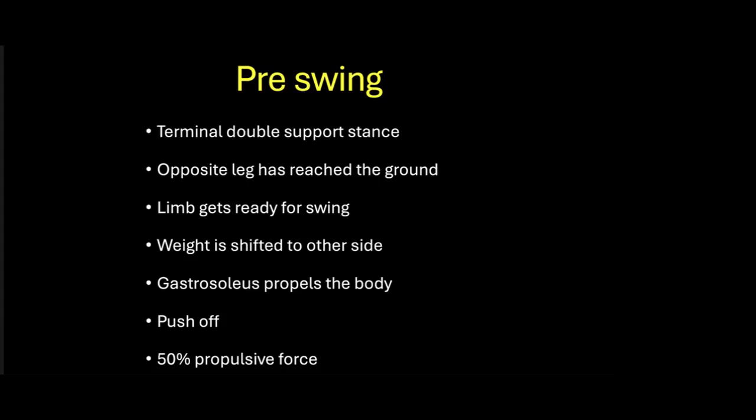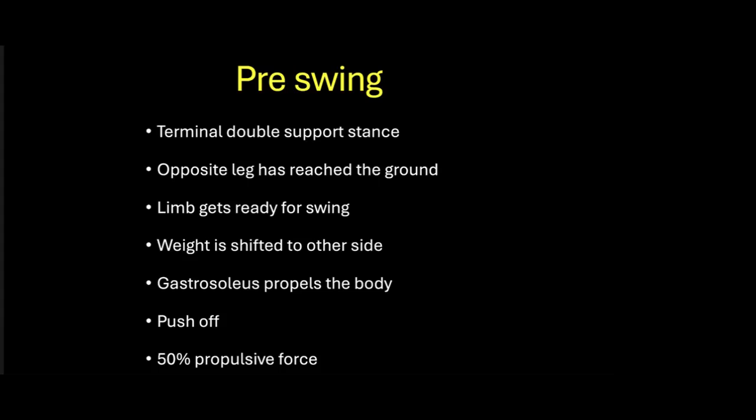And this is the phase at which the gastrosoleus is going to propel the body and give us the very powerful push off that we know about. Around 50 to 60% of power generation that happens during normal gait happens during the terminal stance and pre-swing. So pre-swing is a very important phase because that is what gives one the push off and the power to be able to propel the body forward.